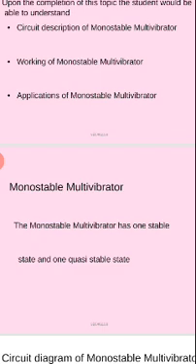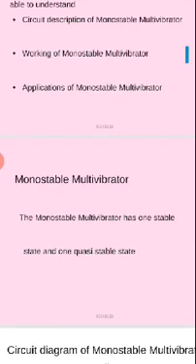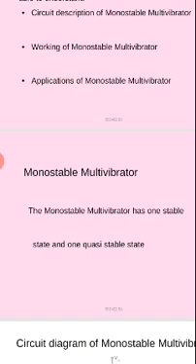Monostable multivibrator. The monostable multivibrator has one stable state and one quasi-stable state. Monostable means mono means one.